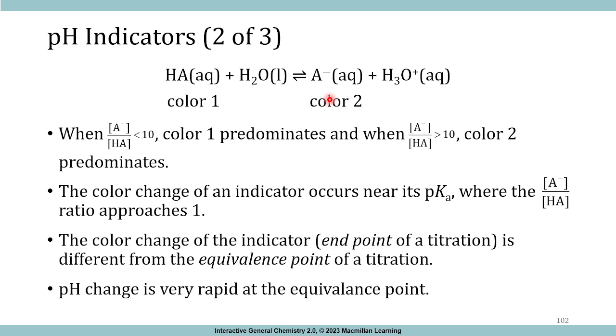By the way, one of the reasons why phenolphthalein is very popular is because it's clear and then colored, right? You guys use methyl blue? Blue, green, yellow? Did you guys ever get yellow?